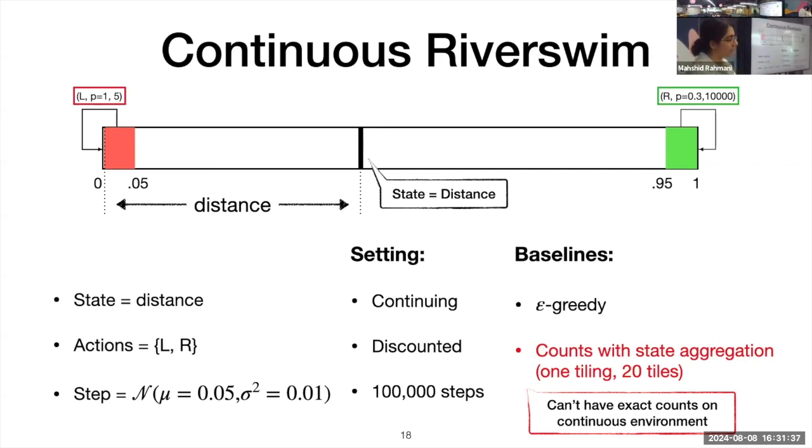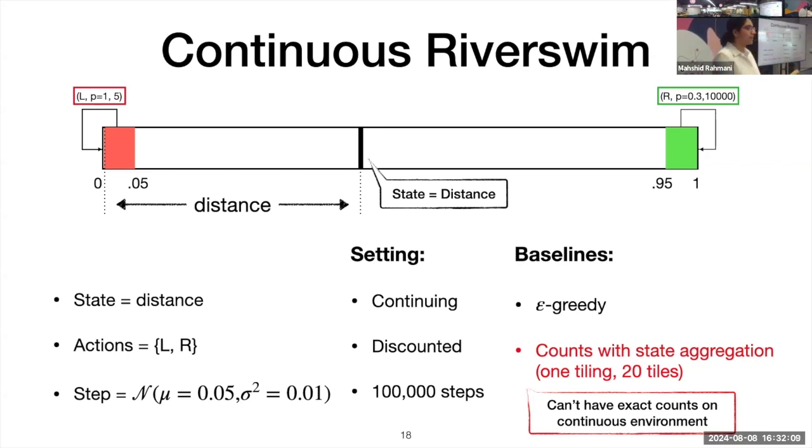I have a step size with some noise. The setting is again continuing, discounted, and will run for 100,000 steps. The baseline is epsilon greedy, but now I can't have exact counts in a continuous environment because I can't put a count on every number between 0 and 1.